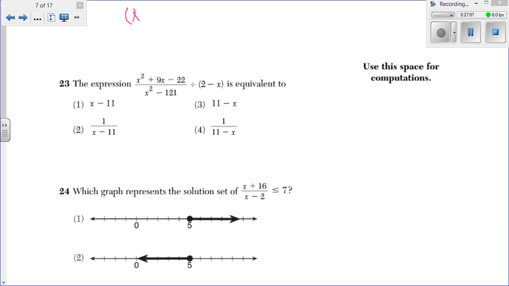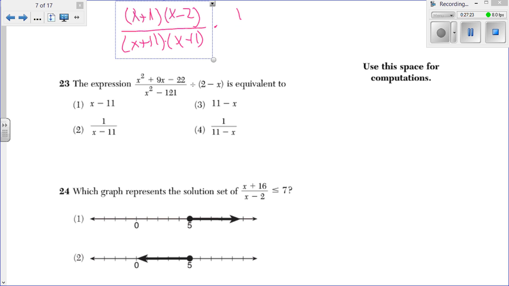x plus 11 times x minus 2 over x plus 11 times x minus 11, times, because state change, and then flip over 2 minus x. Well, one of my x plus 11s goes. My x minus 2 and my 2 minus x become negative 1.